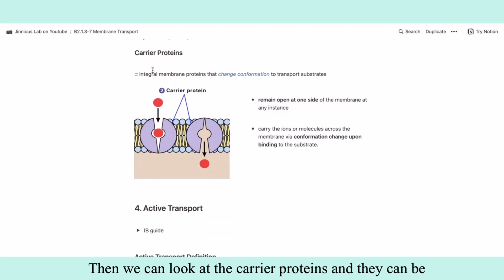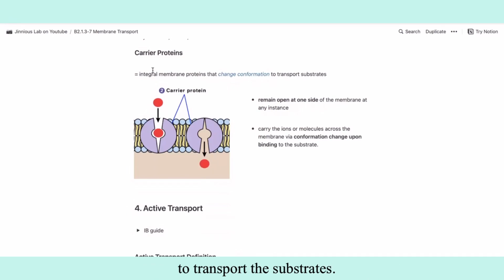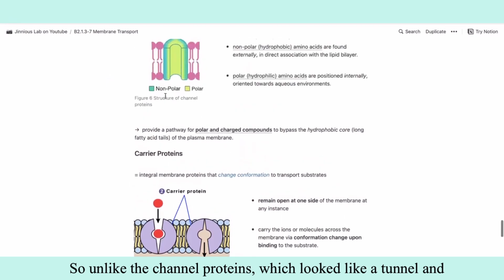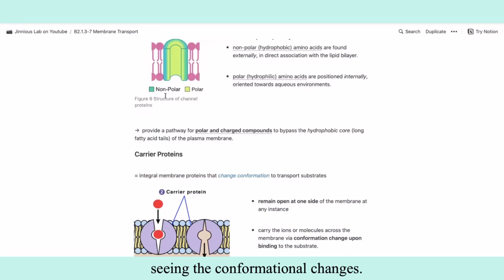Then we can look at the carrier proteins, and they can be defined as integral membrane proteins that change conformation to transport the substrates. So unlike the channel proteins, which looked like a tunnel and did not change conformation, in carrier proteins we'll be seeing conformational changes.